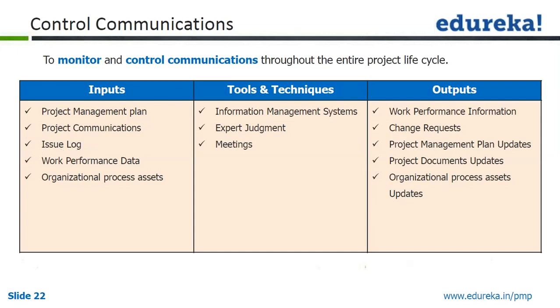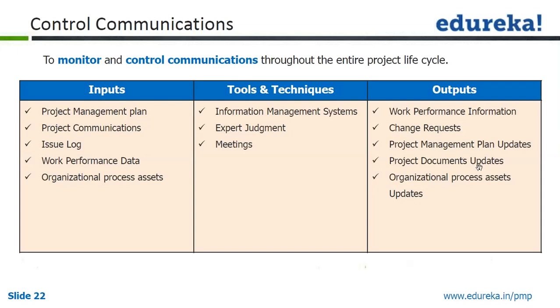the issue log is also with respect to personal issues that may happen, conflicts that may happen between your team members, between a team member and a customer, a team member and management, or you and someone else. Those will be part of your issue log. Those will essentially either be communicated as a resolution with work performance information, or they may generate a change request if they are not resolved in time.